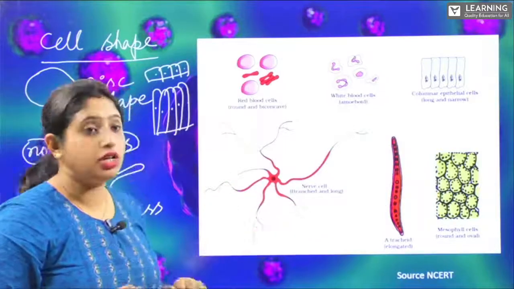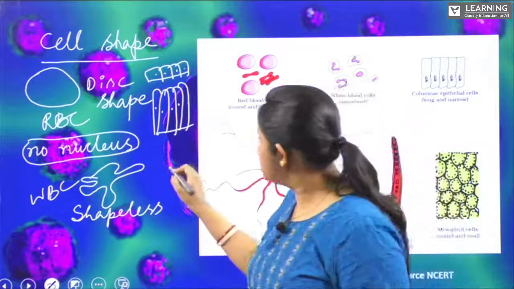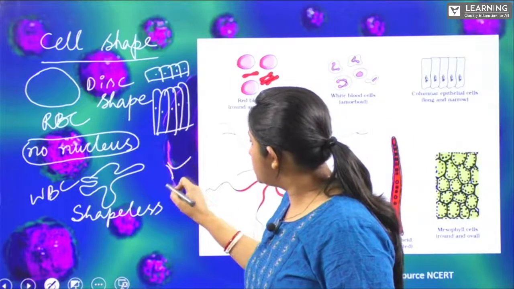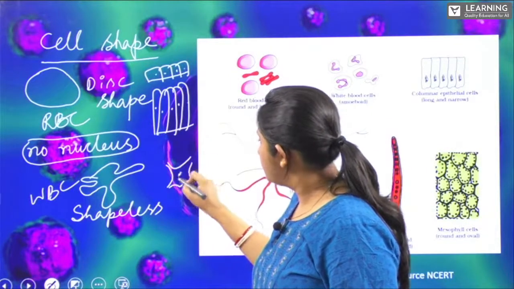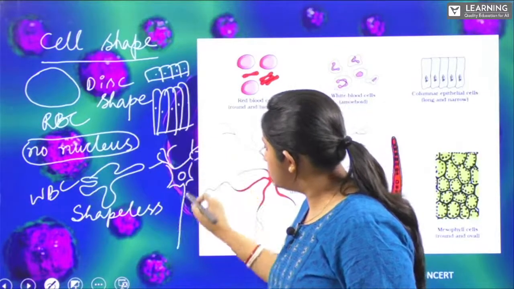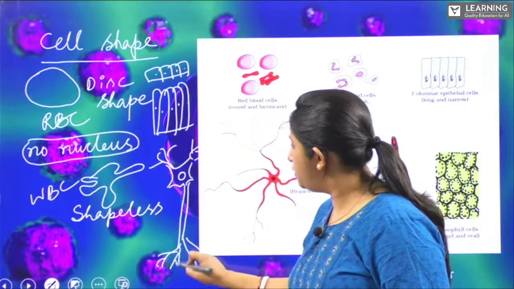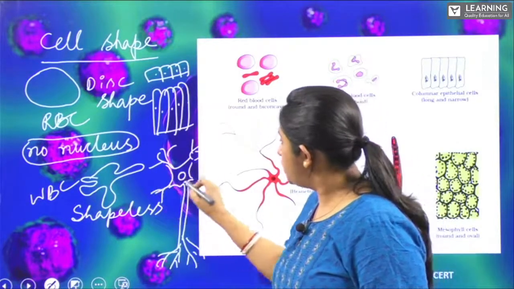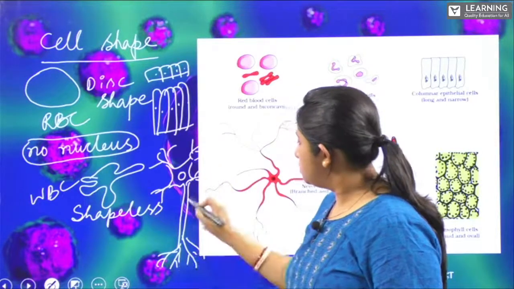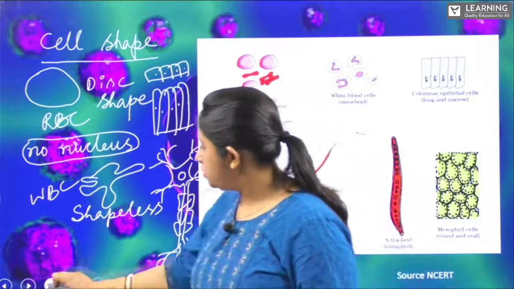Now see nerve cells. We have already discussed the nerve cell, how it looks like. It looks like this. These are the dendrites, this is the axon, and these are again the dendrites. Look into this picture.